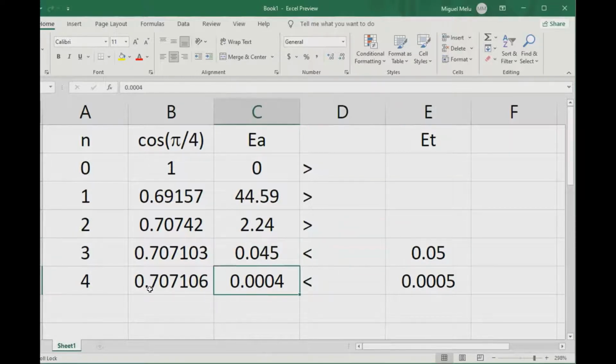Then we do the same thing, the same principle, with the value of cosine pi over 4 where n is 4, minus cosine pi over 4 where n is 3, over cosine pi over 4 where n is 4, and then we multiply it by 100. We get 0.004, which is less than 0.005.